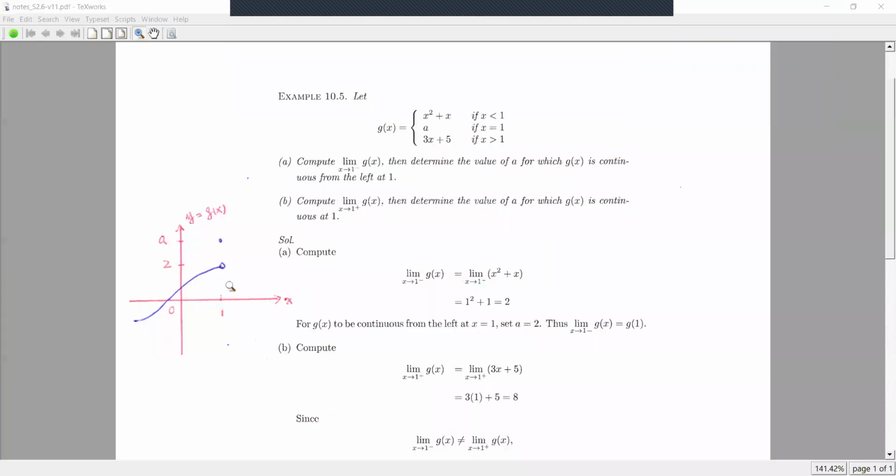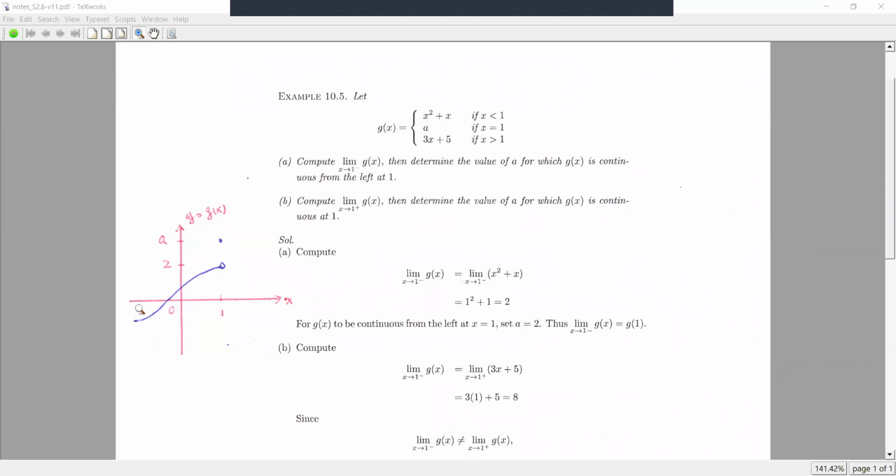This is part of the graph of function G. At 1, function value is A. When X approaches 1 from the left side, function approaches 2. So the graph approaches this point. The height of this point is 2.